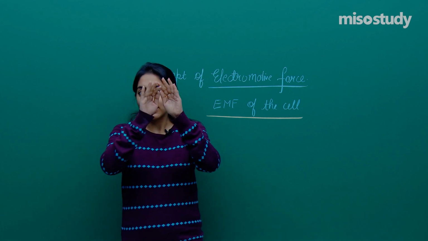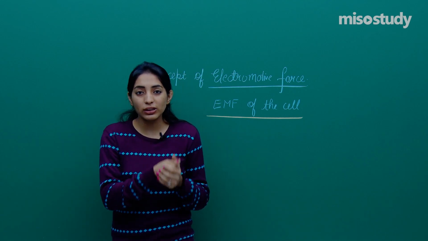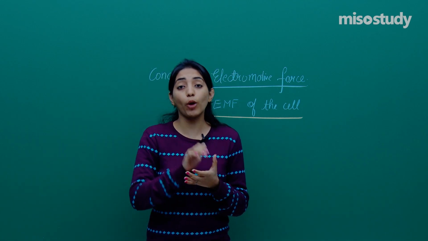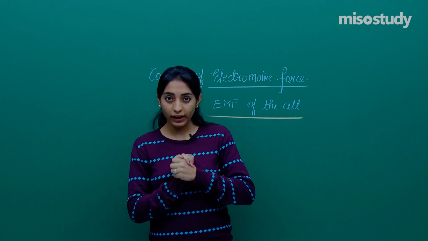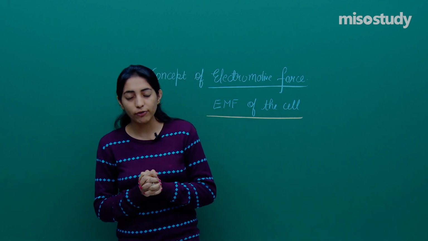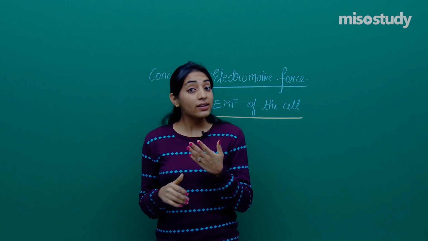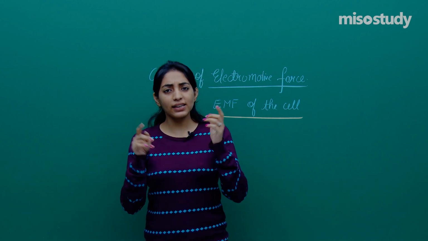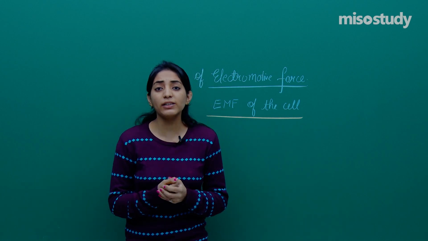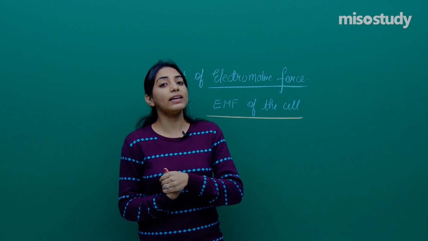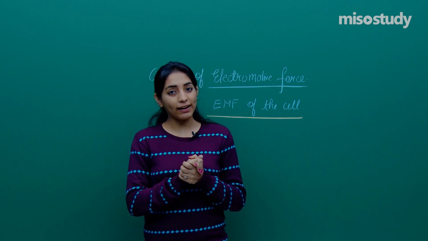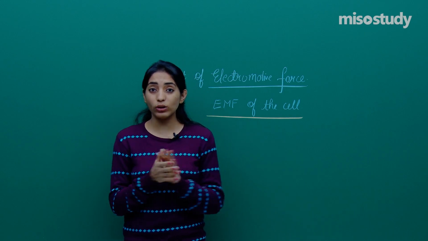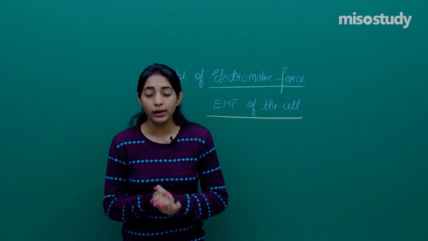Then we had this container in order to capture the hydrogen gas which was getting adsorbed onto the surface of platinum. So that was one particular type of half cell that we had done. Another half cell was where I had taken a beaker in which I kept Fe3+ and Fe2+, and then finally we had kept a platinum electrode in it, and I had written the whole cell representation, right?